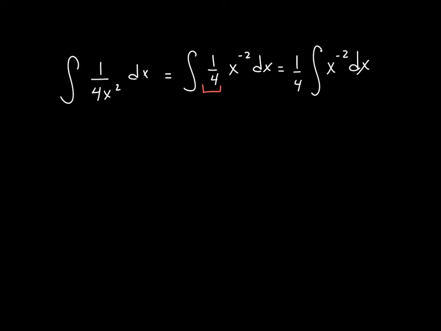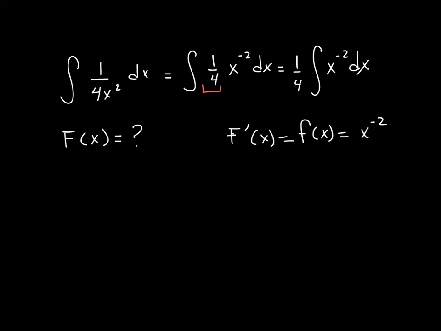What I'm really asking myself is, what would be my original function F of x, knowing that the derivative of that is equal to x to the negative 2? In essence, we're doing this backwards, so we're doing the reverse of the power rule.